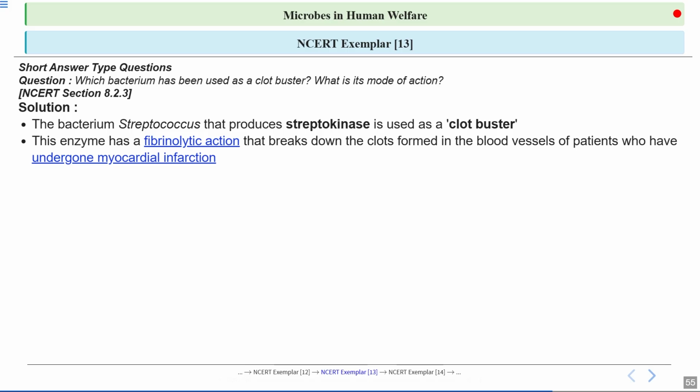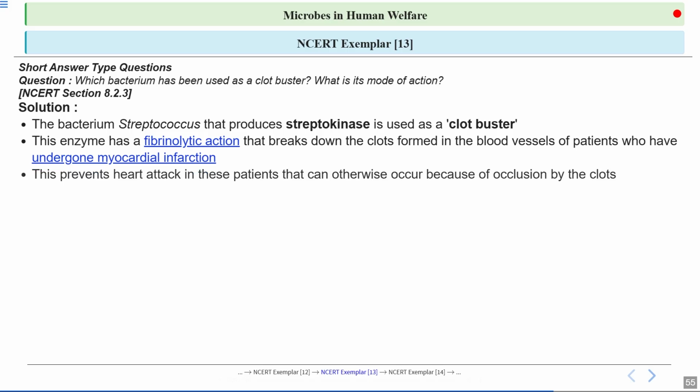These enzymes dissolve the clots which are blocking the blood vessels. By breaking down these clots, streptokinase helps prevent further heart attacks that would happen if the blood vessels stayed clogged. So you can see these microbial products are very useful for humans as well.